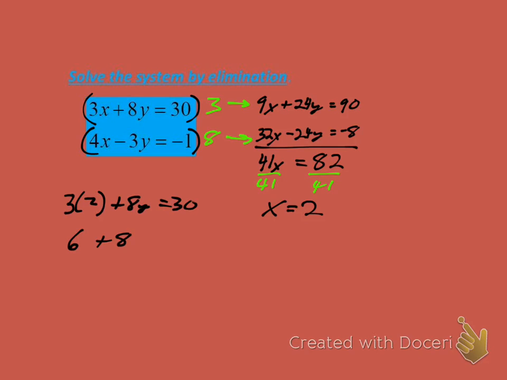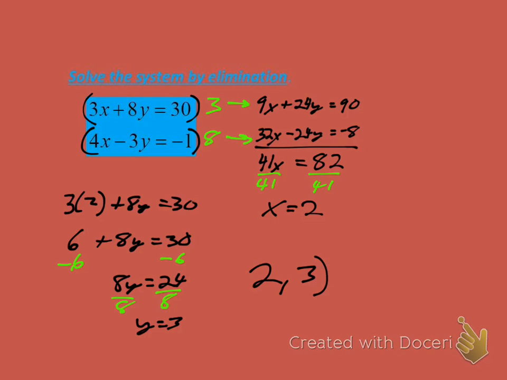So 6 plus 8y equals 30. y equals 3. So your ordered pair is 2, 3.